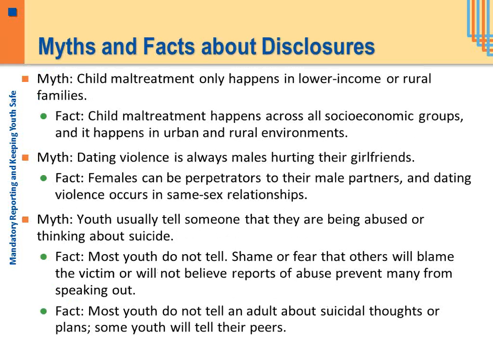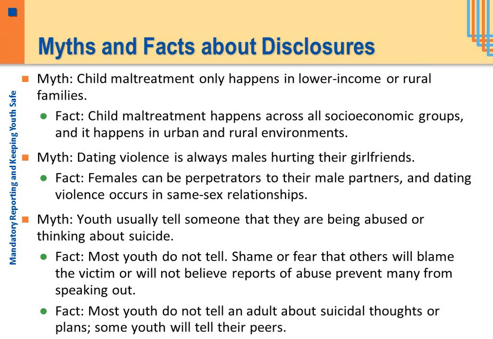A few more myths and facts. Myth: child maltreatment only happens in lower income or rural families. It happens across settings, rural and urban, and across all socioeconomic and racial and ethnic groups, as well as gender. Myth: dating violence is always males hurting their girlfriends.